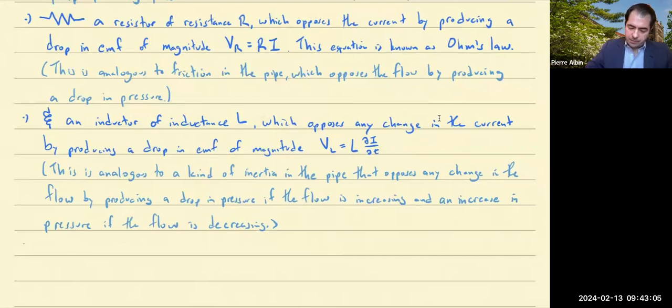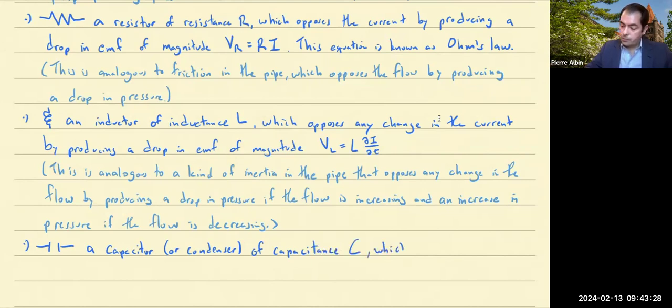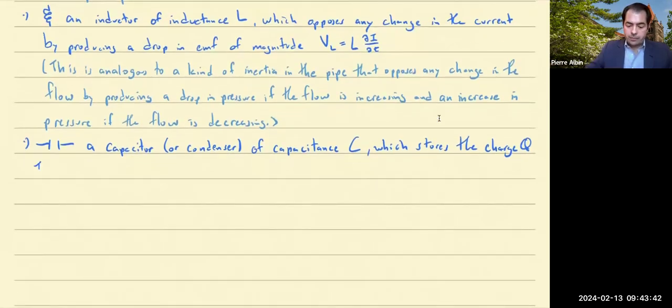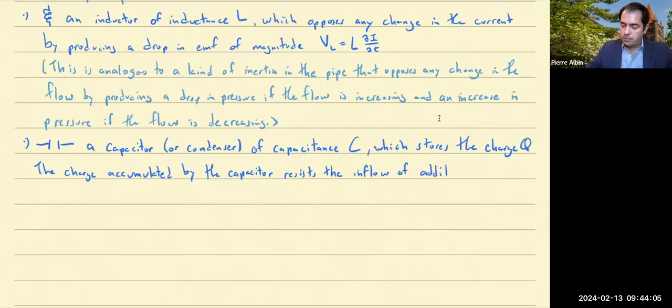And then the final element is a capacitor, or condenser, of capacitance C, which stores the charge Q. The charge accumulated by the capacitor resists the inflow of additional charge.